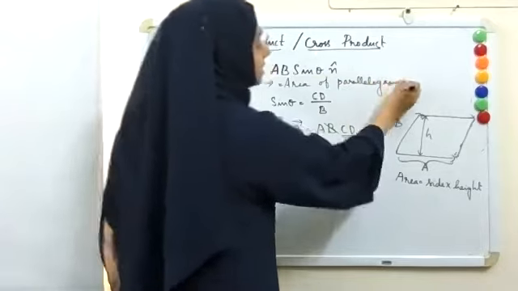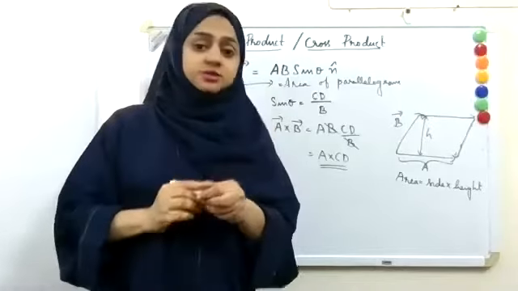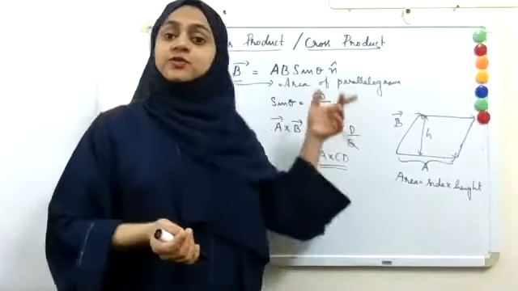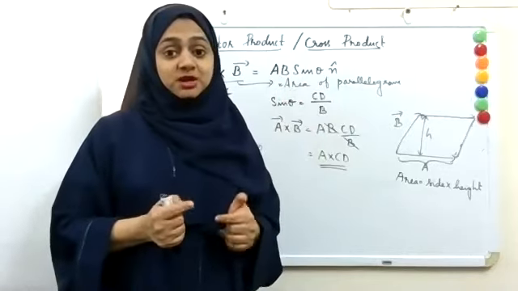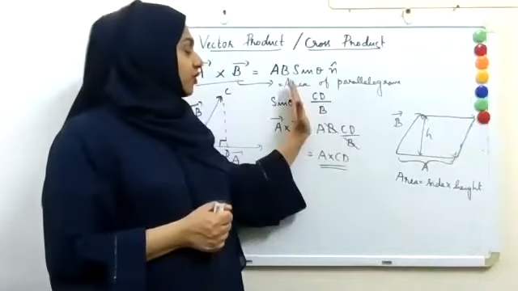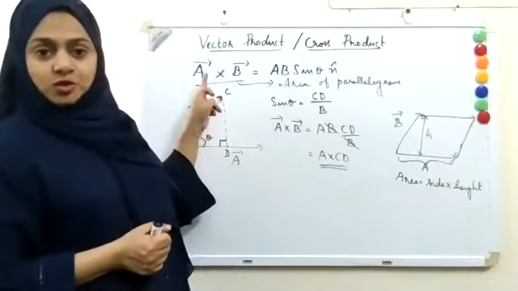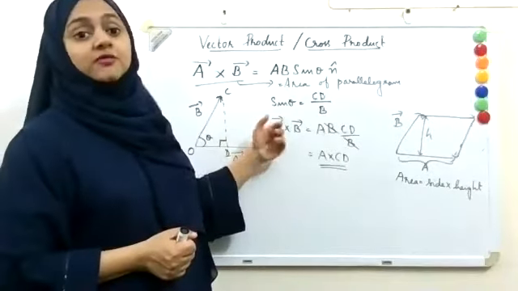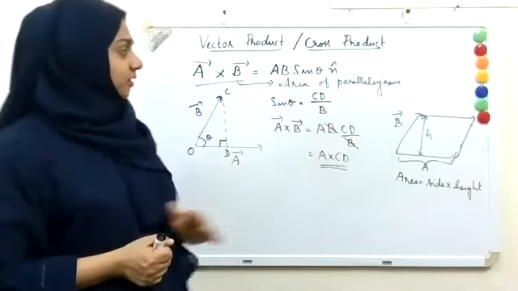So if two vectors form two sides of a parallelogram, you can just find their cross product and you will get the area of the parallelogram. And remember, in physics, sometimes we consider area as a vector. Now, if you want to find the area value, the magnitude, find the cross product and then find the magnitude. That will give you the area of the parallelogram.